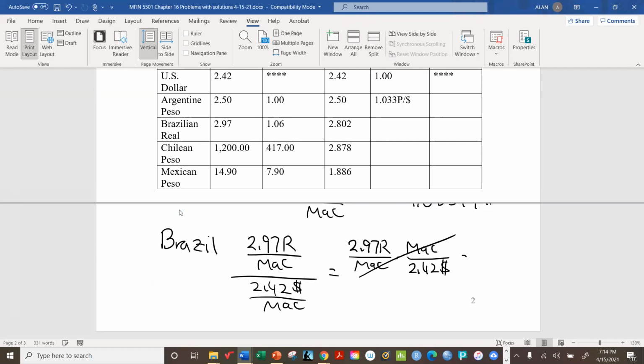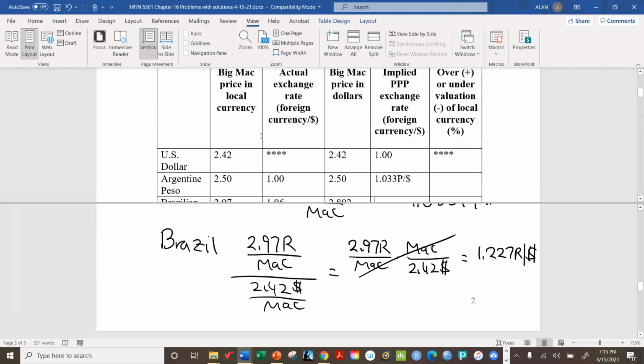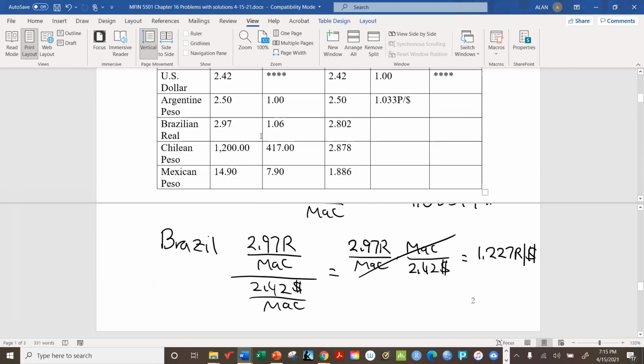So these drop out, and that turns out to be 1.227 reais per dollar, as opposed to the actual exchange rate in column 2, which is 1.06. So you can see, once again, PPP is off a bit.